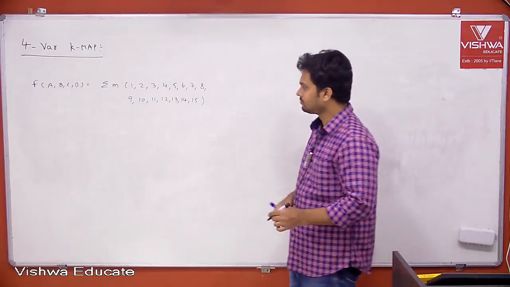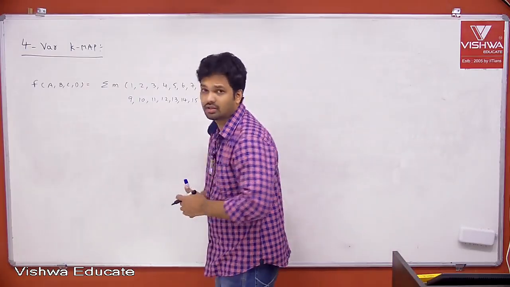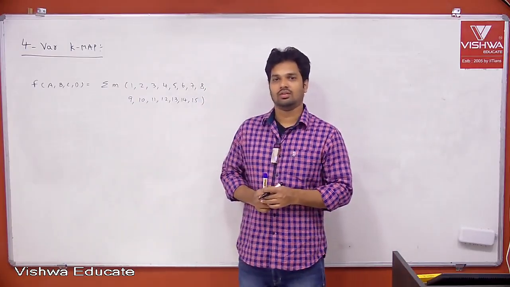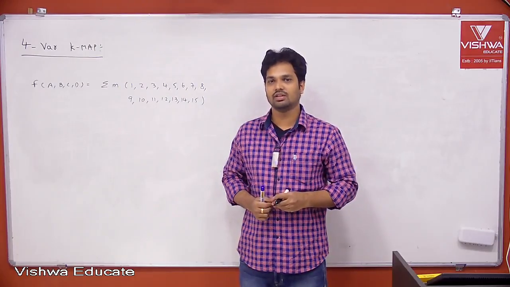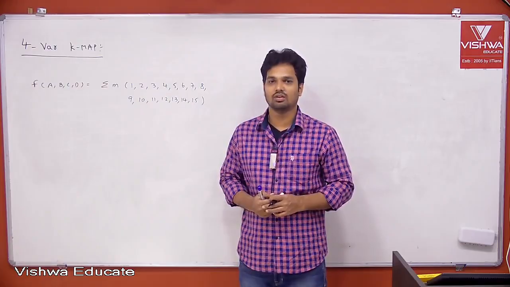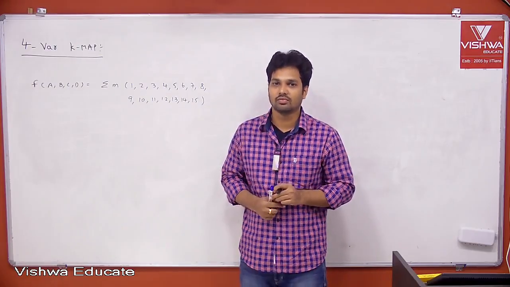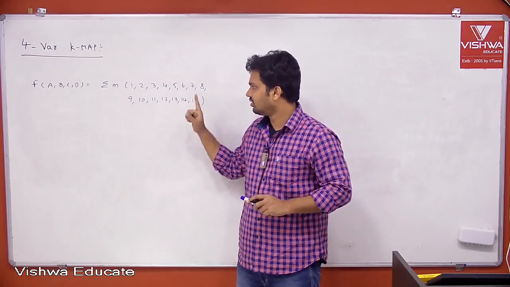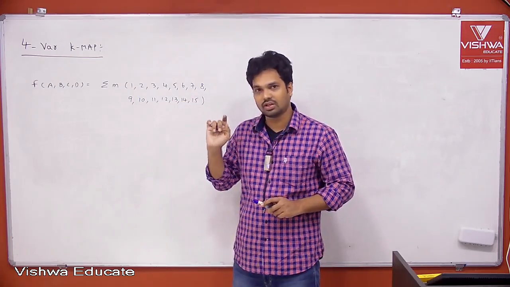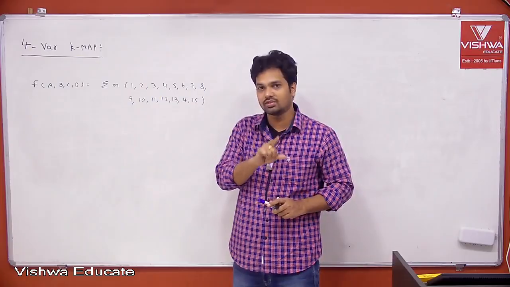Okay. What will be the answer you will be saying? What is the answer? You may say immediately, sir, it is the sum of all minterms, your answer is 1. Wrong. Please observe very carefully. You have 1 to 15, but 0 is not present. So it is not the sum of all minterms. It is missing one minterm.